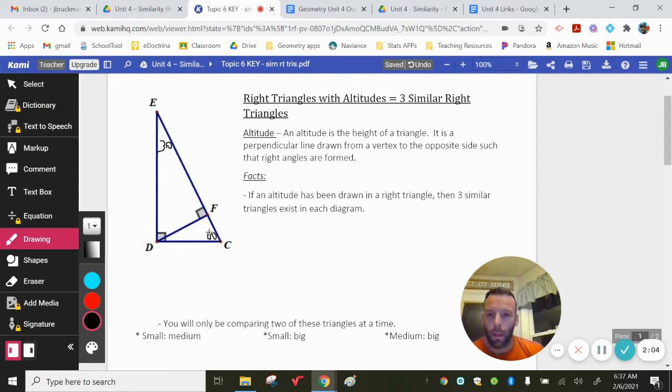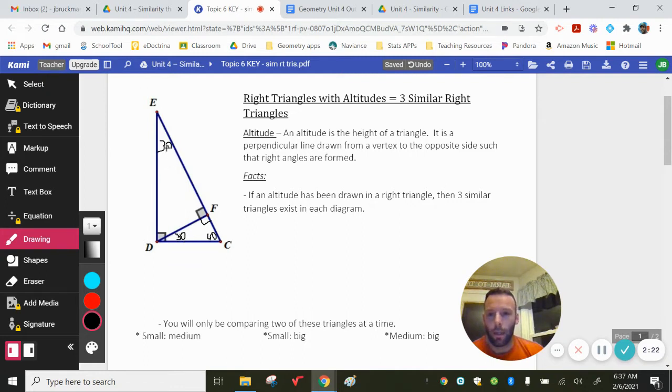Okay, and now we also know that this angle right here is 90. So that means if this angle is 60 and this is 90, then this angle right here that goes from C to D to F must also be 30.